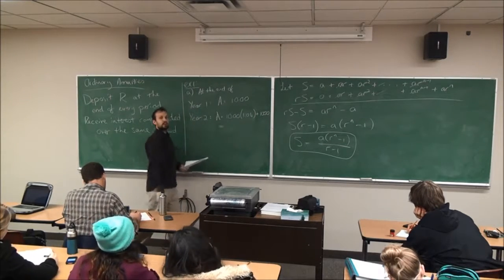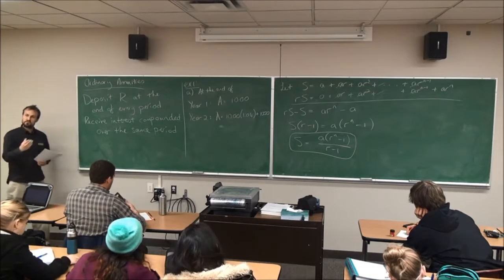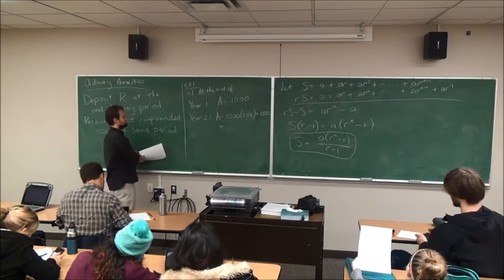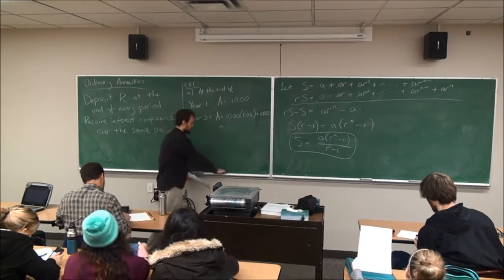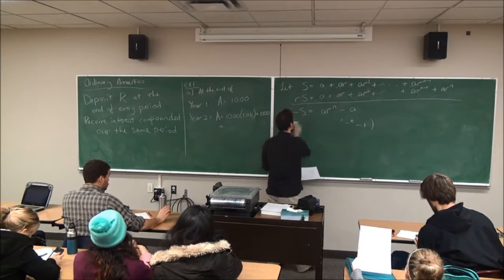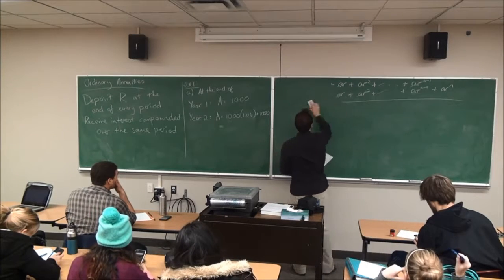How much money do I have? You have to get out those calculators today. Good practice. How much money do I have at the end of year 2? Why are you using 1,000?